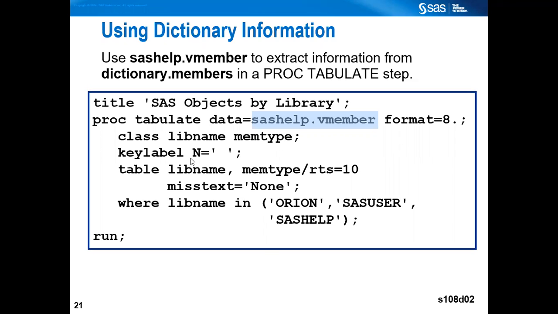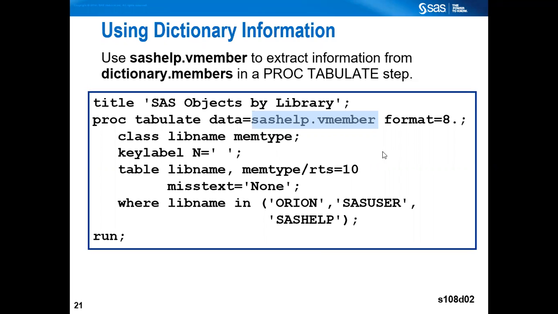So you are querying with tables, you are telling libname and memtype. Then you are selecting class. Class is the statement where you are classifying the observations. So you are selecting libname and memtype. You are giving its key label n equal to missing.